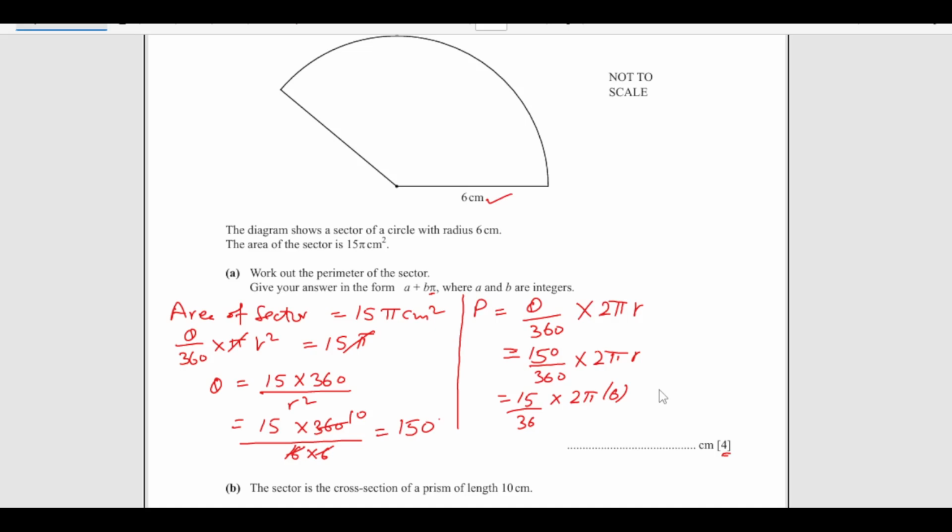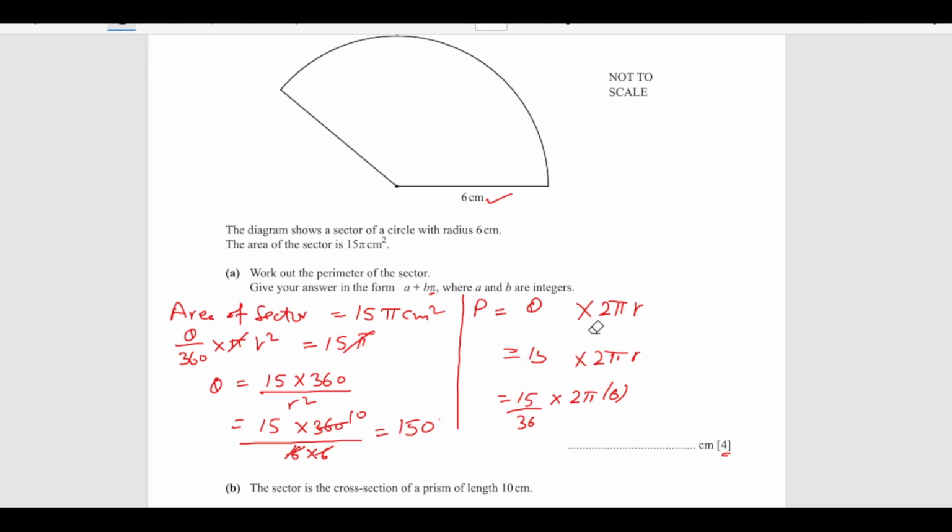Sorry guys, I think I'm making a mistake. Let me redo this part. And I need more space, I have to squeeze a bit.